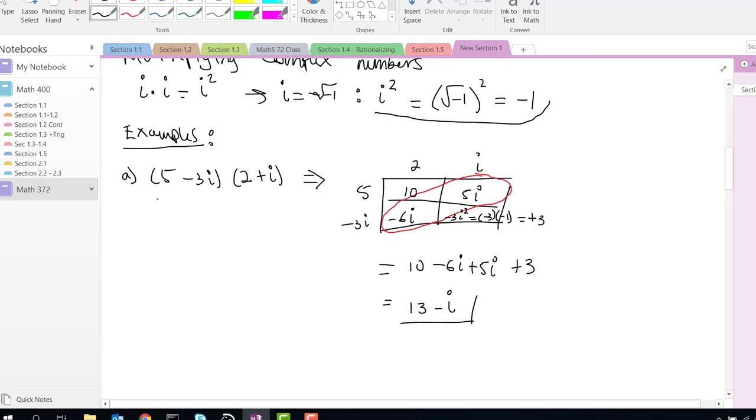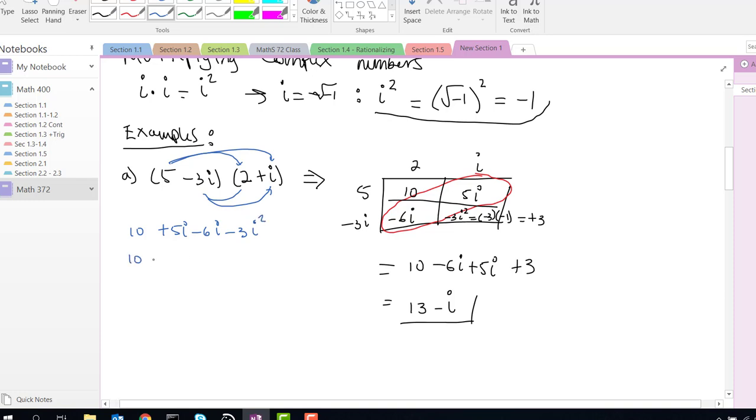You can also just use the FOIL method, right? We do the first, so that's 10, the outer, that will be plus 5i, the inner, minus 6i, and the last, minus 3i squared.